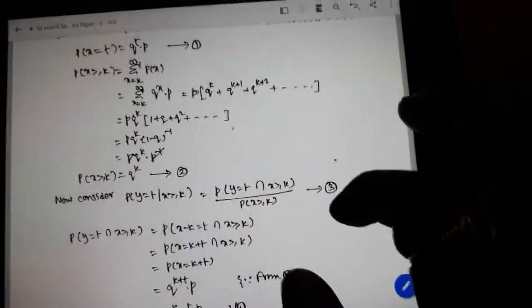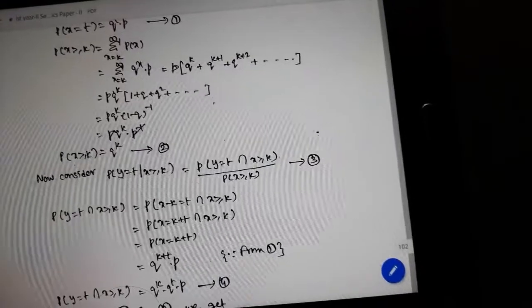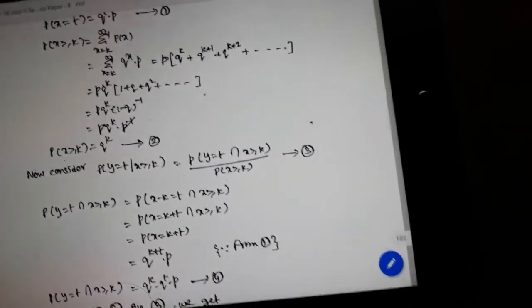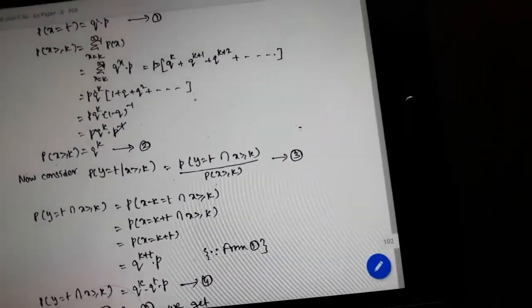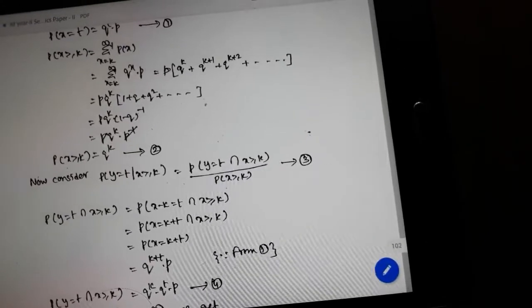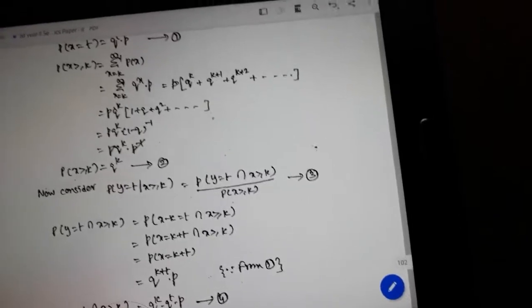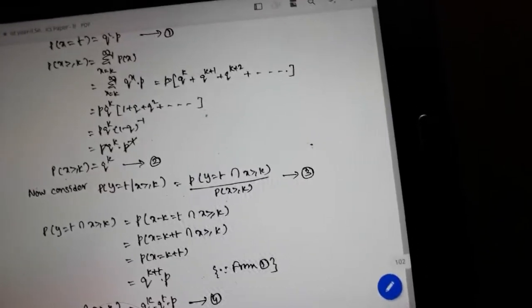Then P(Y equal to t given X greater than or equal to k) is a conditional probability, P(A given B), which is P(A intersection B) by P(B). P(B) is already derived. In P(A), we need to find P(Y equal to t intersection X greater than or equal to k).